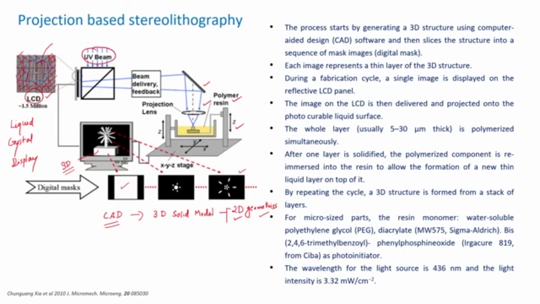So, it will just deliver the required amount of UV light from the LCD panel. The remaining portion of the ultraviolet light will get absorbed. So, this portion is getting absorbed and this portion will get delivered through the bending mirror.